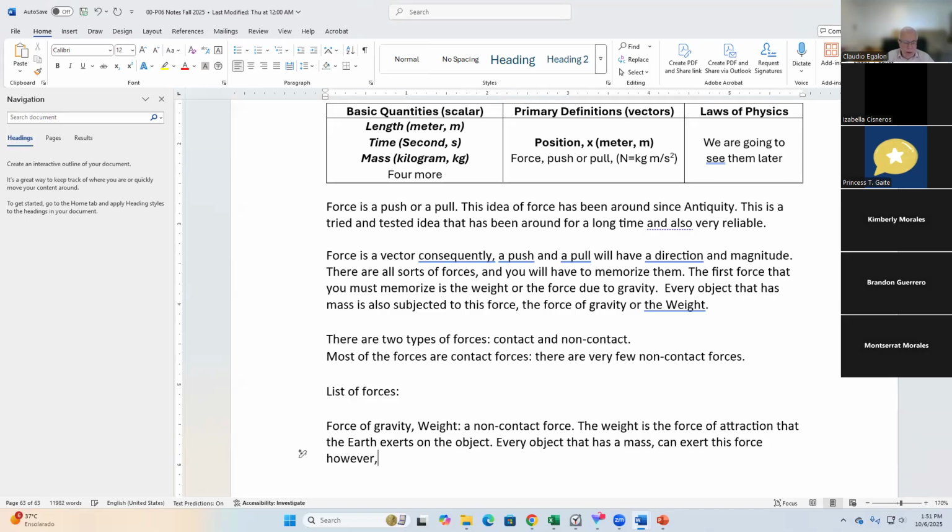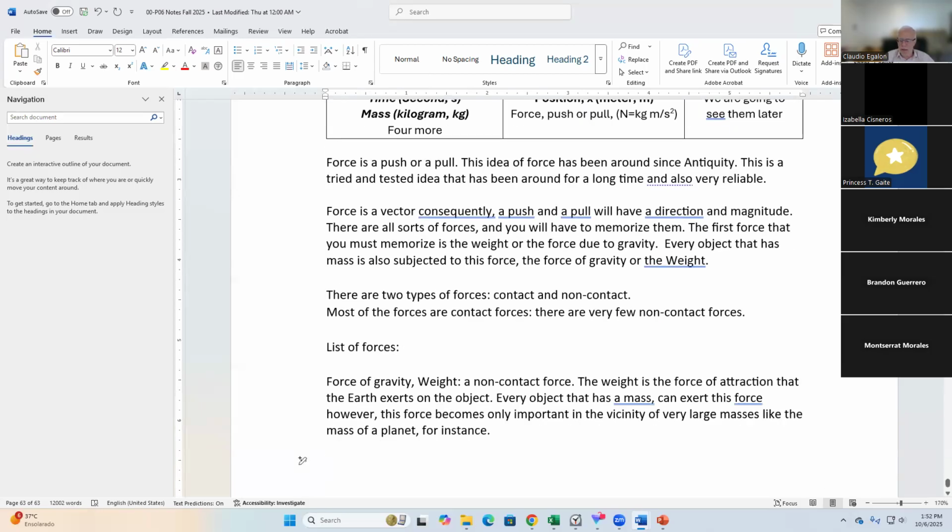However, this force becomes important only in the vicinity of very large masses, like the mass of a planet, for instance. Okay, so that's the first force that we have.